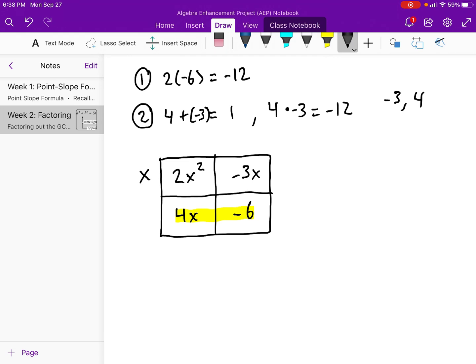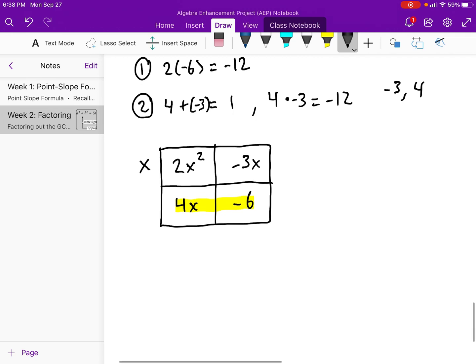I know that there's no variable for the minus 6, so we can't factor a variable out. But what I do know is that they both are even, and so we could factor a 2 out of both of them. And so what we get here is a 2. Okay, so those are the rows.